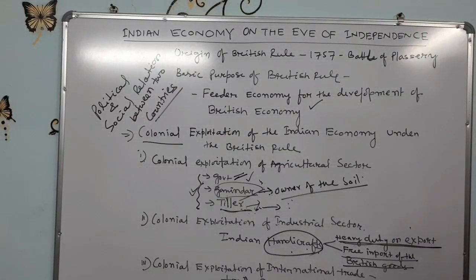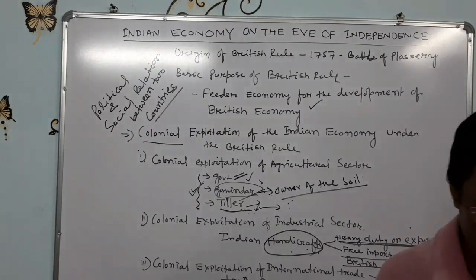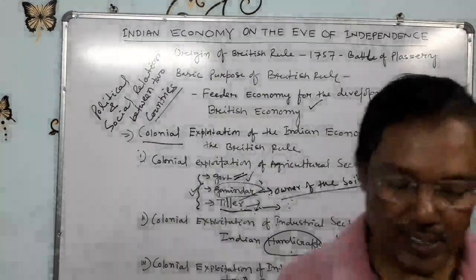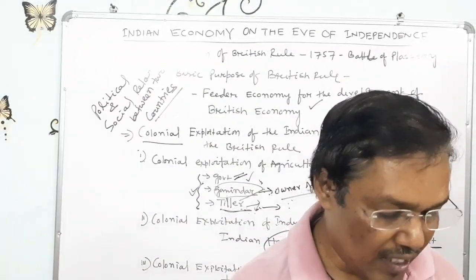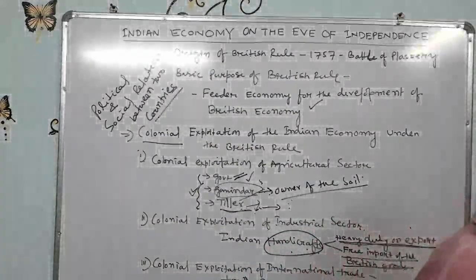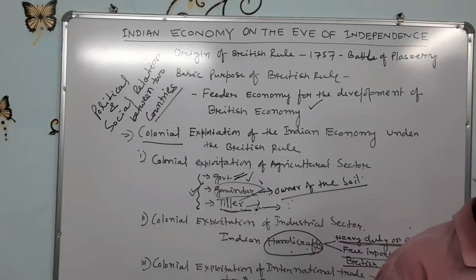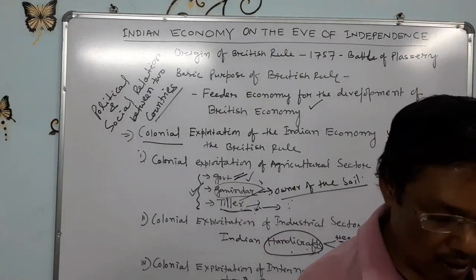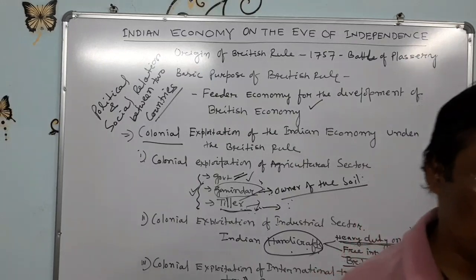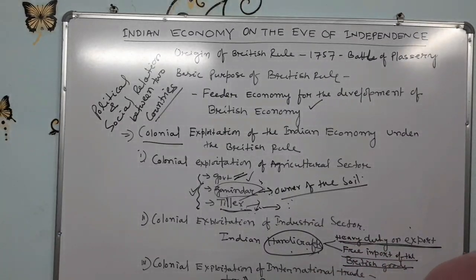Britain's most important need was duty-free export of Indian raw materials to fulfill industrial needs in Britain. It means whatever goods we are exporting, all kinds of goods, will go freely, we may say.